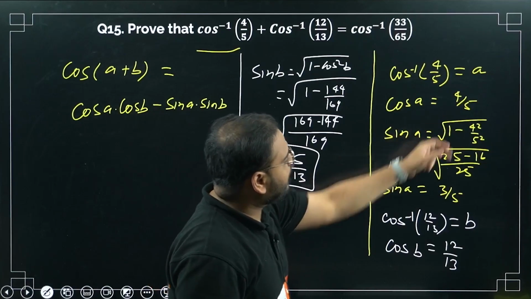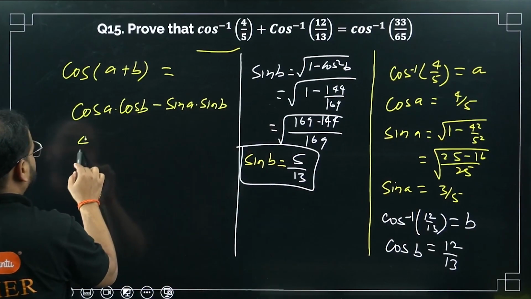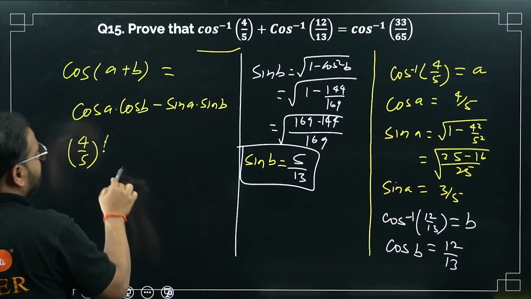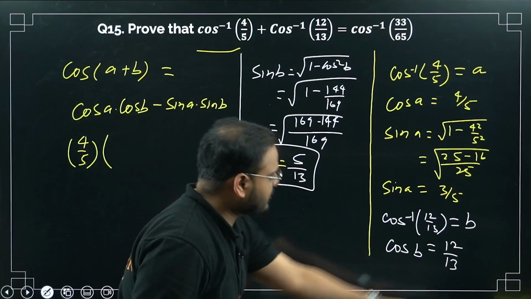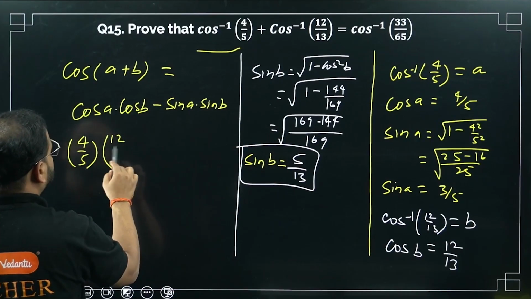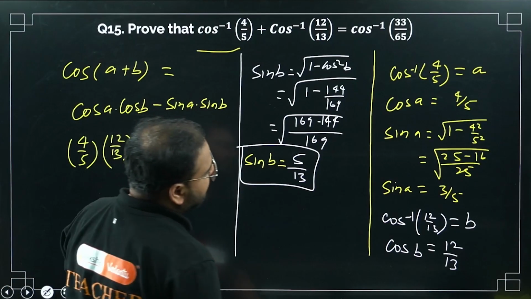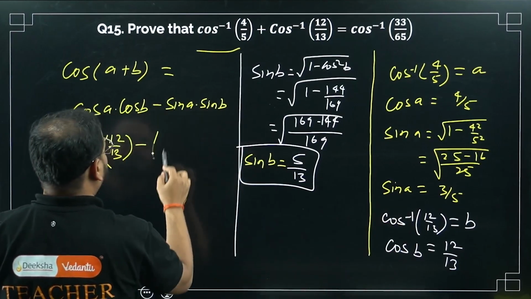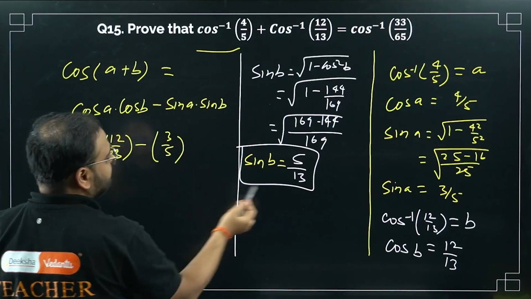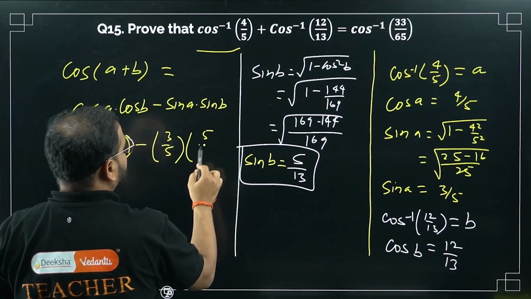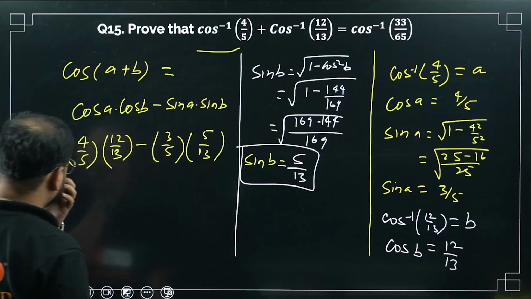From here, 4 by 5. Cos B from here, sir, 12 by 13. Minus sin A. Sin A is what, sir? 3 by 5. And sin B is what? 5 by 13. Okay, please check.